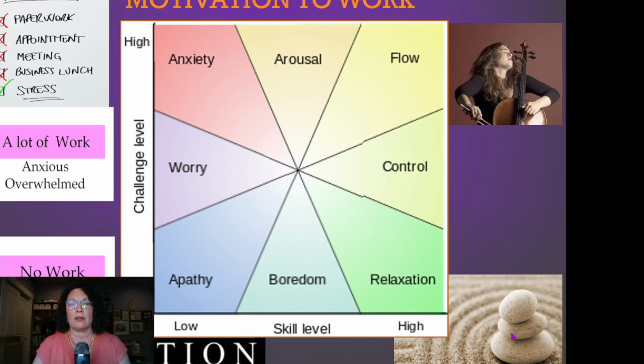So you might have a lot of skill and be able to do the task without really having to think about it or really have to struggle. And so I put a little sort of meditative picture here to illustrate that you might find that that's actually relaxing. If you talk to people who knit or crochet, a lot of times it looks complicated to other people. It looks very challenging to people who don't know how to do it.